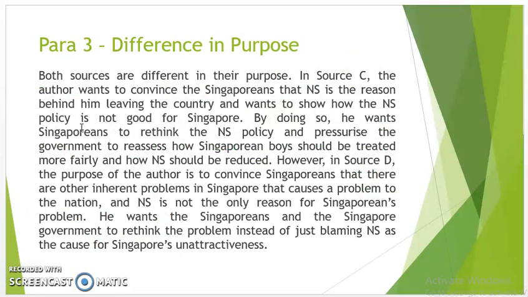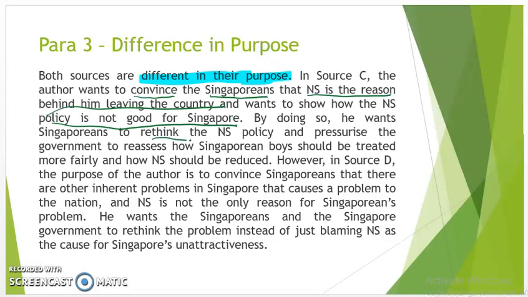Next, difference in purpose. Definitely, the purpose is different because they have a different outcome. In source C, the author wants to convince Singaporeans that NS is the reason behind him leaving the country. He shows that the NS policy is not good for Singapore.